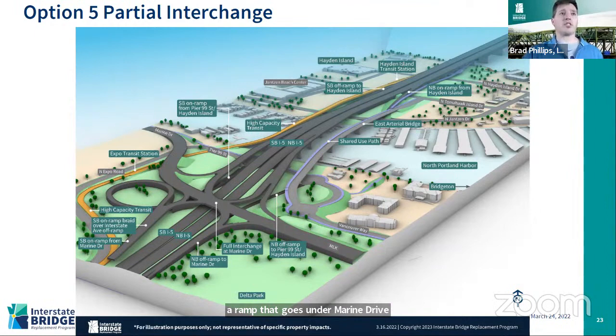In the opposite direction, on the upper left-hand corner, it says southbound on-ramp from Pier 99 Street / Hayden Island. And similarly, that connects from Pier 99 Street underneath Marine Drive through a loop on the left side of the screen, merges with the Marine Drive ramp and continues south.